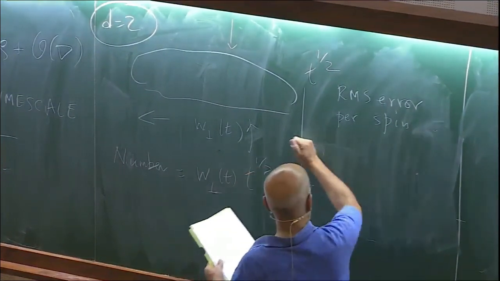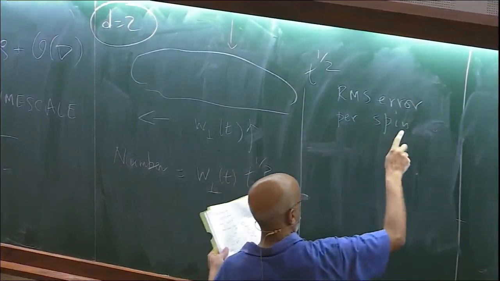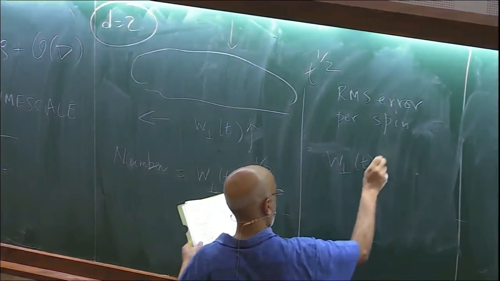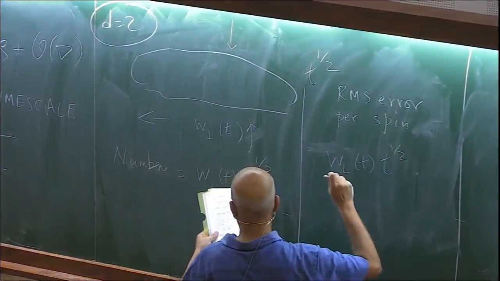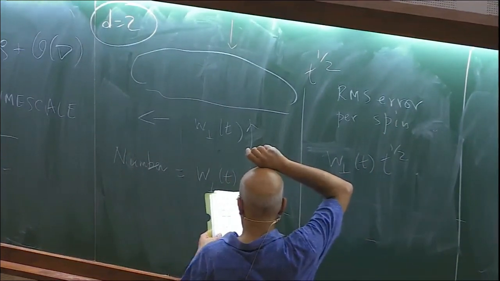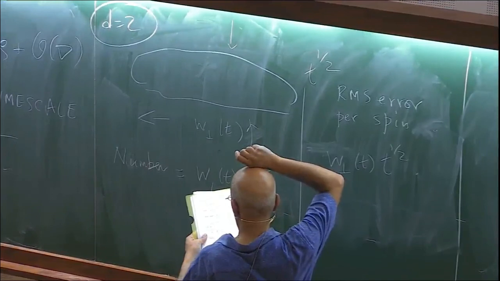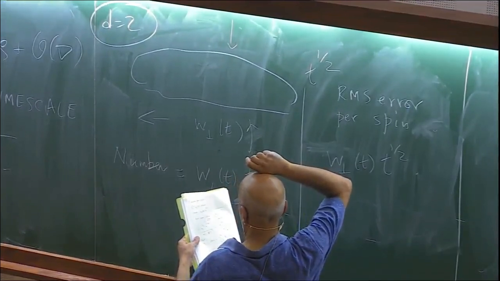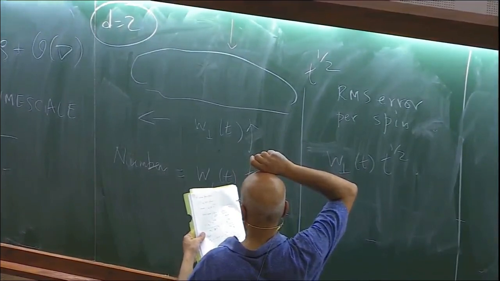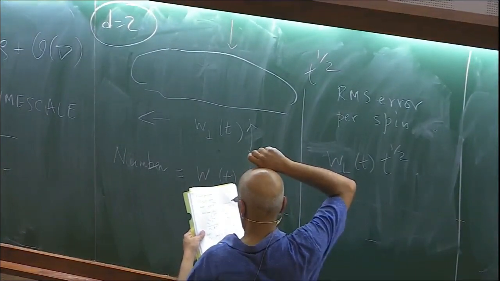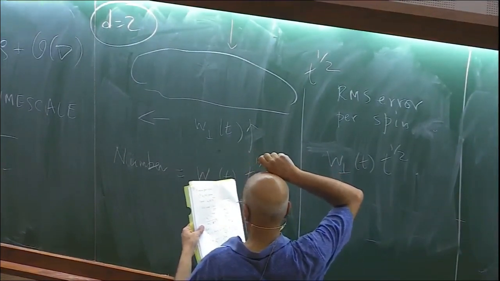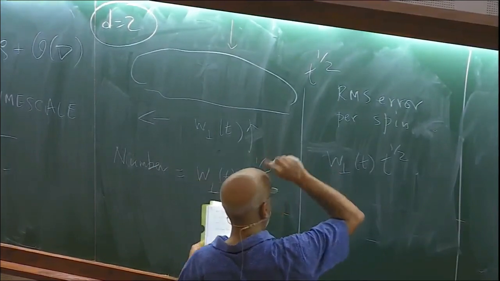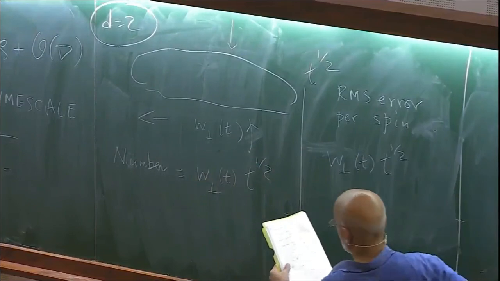The RMS error per spin is this guy times t. Let's do this right. Just a minute. Why am I doing it this way? Oh yeah, it's important.